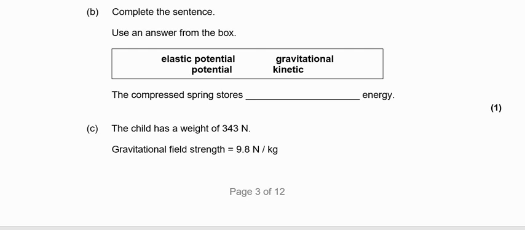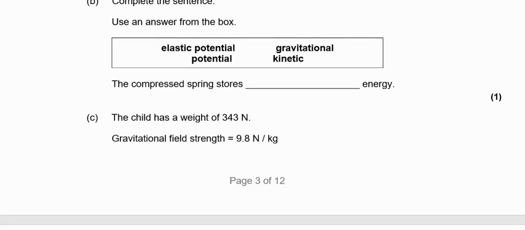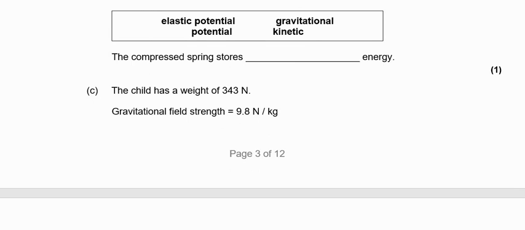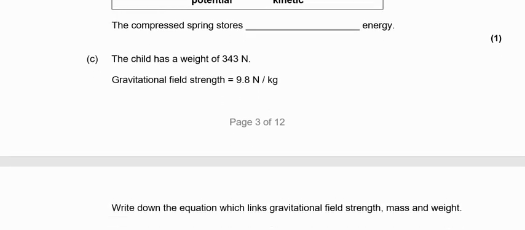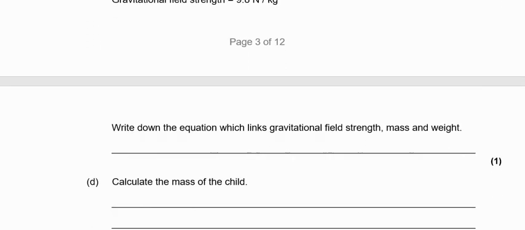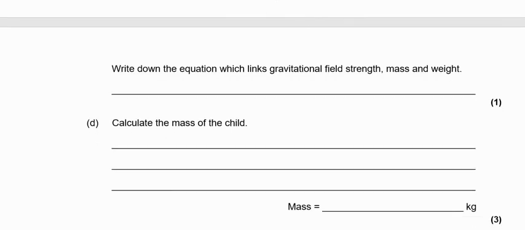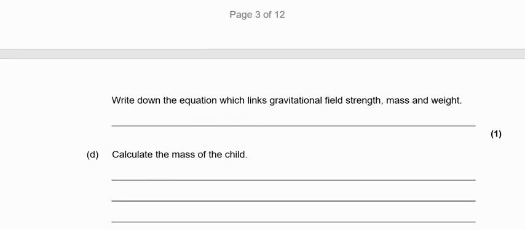Question 1C. We've been given a weight and a gravitational field strength. We need to calculate the mass of the child. Now, the question is to write down the equation we've already had today, so we'll skip over it for now. But remember, you need to put the numbers in before rearranging the equation.